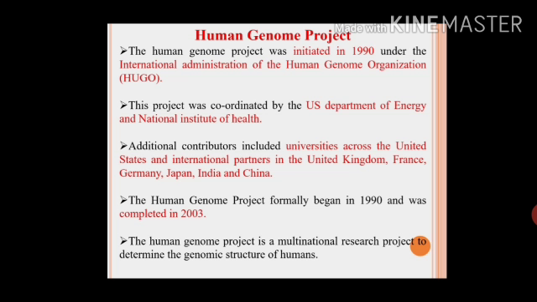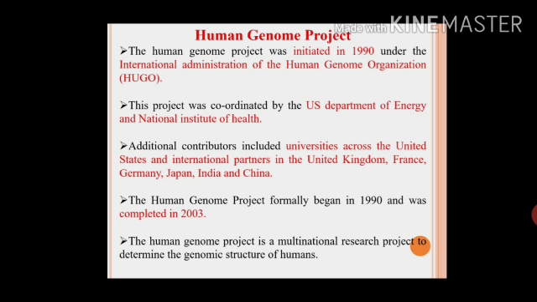The Human Genome Project was initiated in 1990 under the international administration of the Human Genome Organization, that is HUGO. This project was coordinated by the US Department of Energy and National Institute of Health.